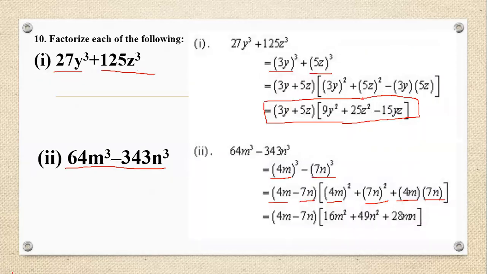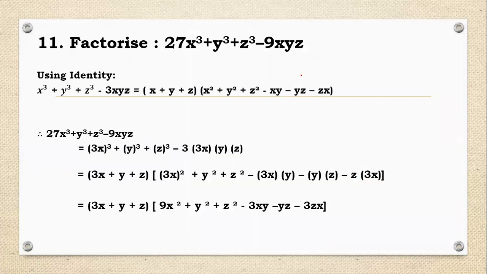Similarly, we have solved the second part of question number 10 also. That is the identity we have used. The second part of question number 9 is taken as the identity to solve the second part of question number 10, and the first part of 9 to solve the first part of question number 10.